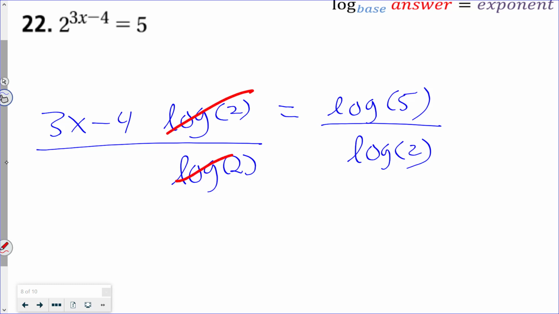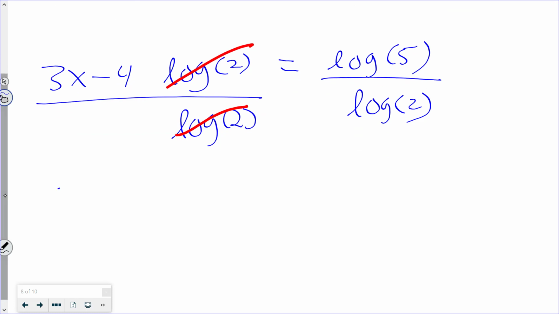Again, our exponents aren't always going to be pretty integers. They may be decimals sometimes. If they are, just round to 4 decimal places. So now we got to figure out what is log of 5 over log of 2. Yes, Francis. Does it go 2.32 anymore, or does it stop after the 2?